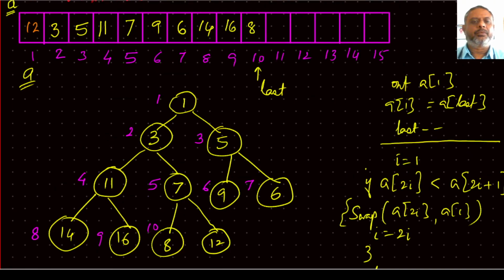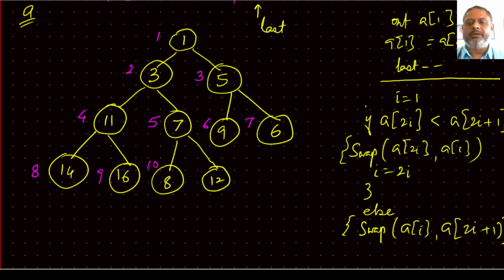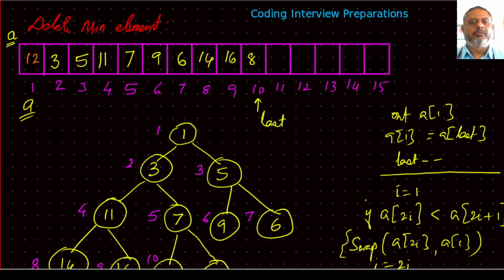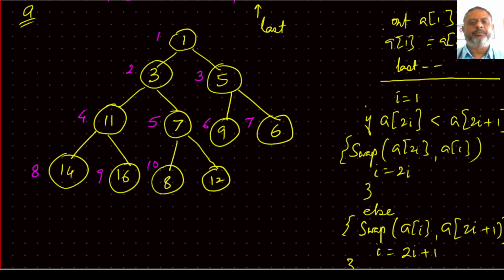Otherwise, this has to be replaced with the swap between a of i and a of 2i plus 1. So that means between 1 and 3, swapping has to be done. If that is done, then make sure to update this to the new one.